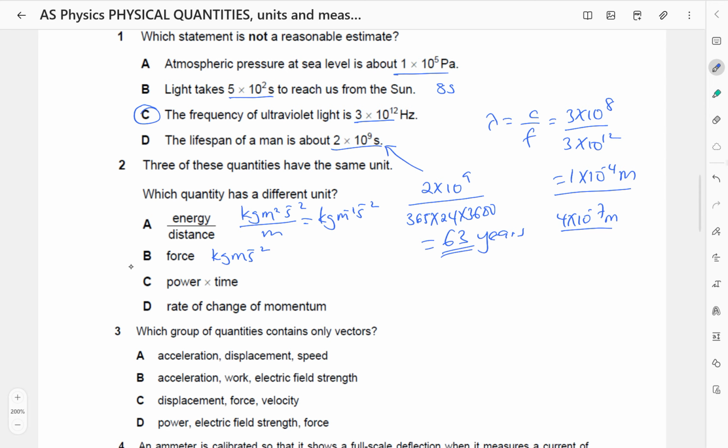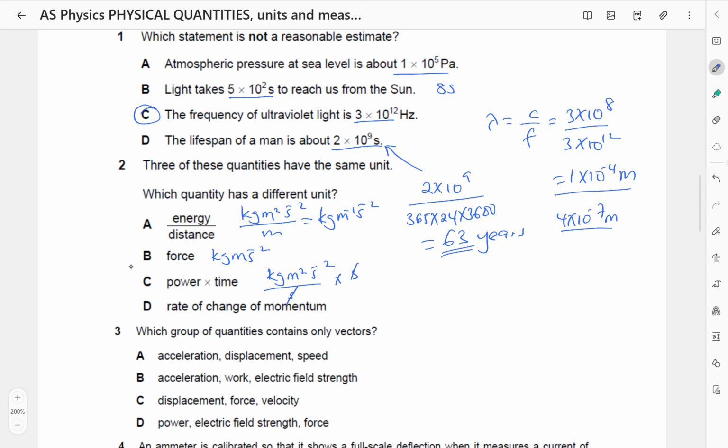Then power is energy, which is kilogram meters squared per second squared, divided by time, because power is energy over time, divided by seconds. Then again times time, which is also seconds. So this one is kilogram meters squared per second squared.